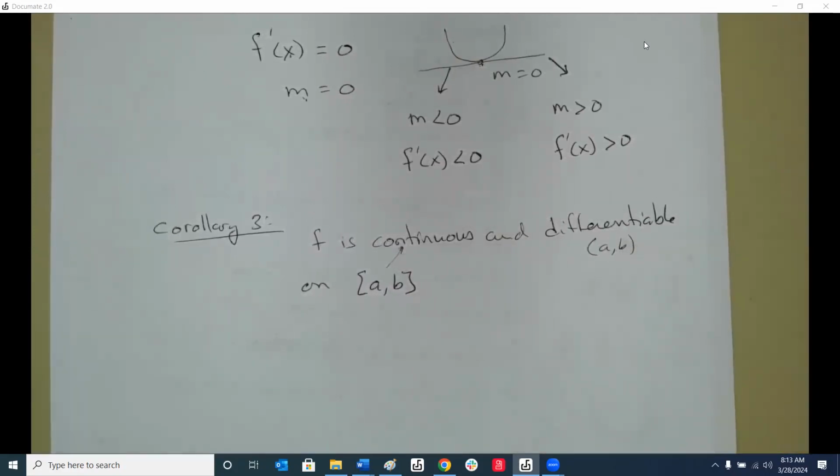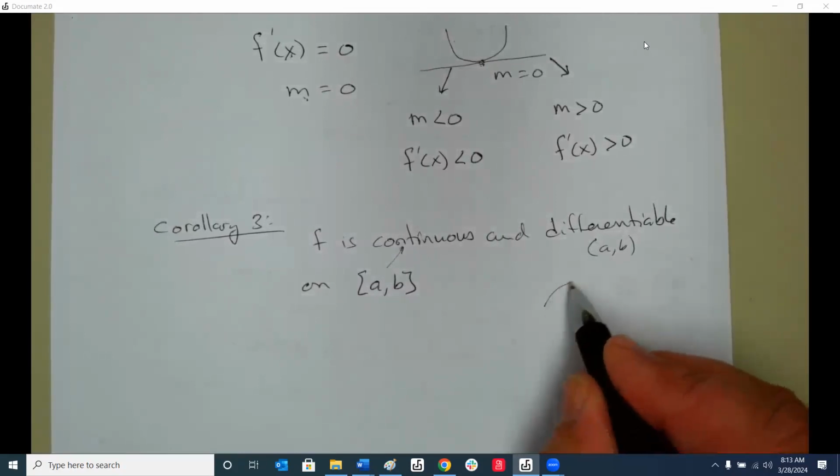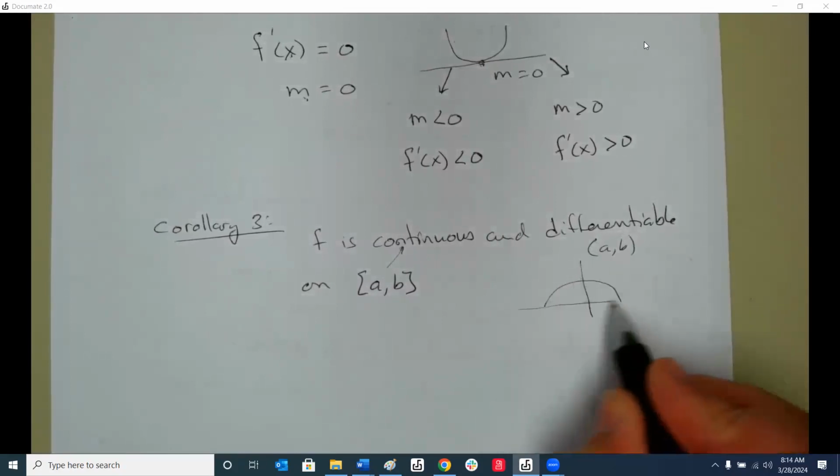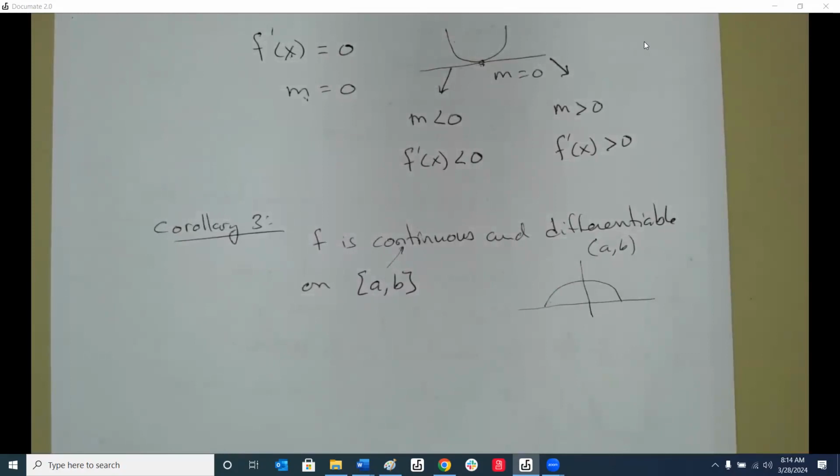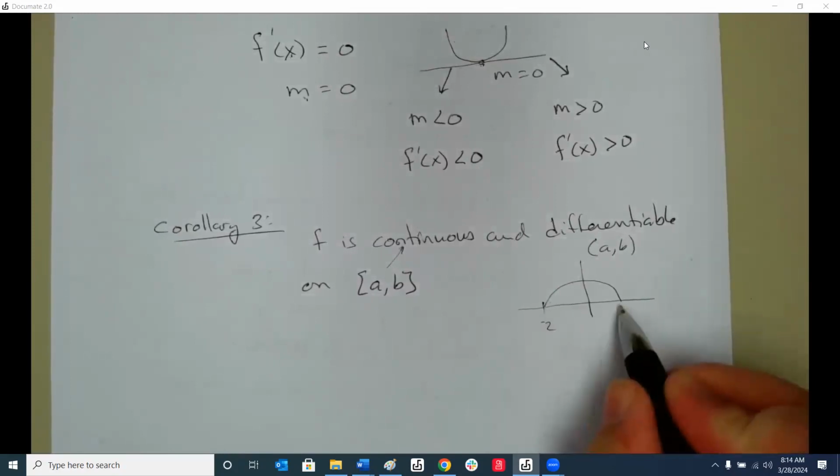The reason being because what if you can't use the endpoints? We have to go back to the beginning of the semester for that. Remember this example? We went from -2 to 2.